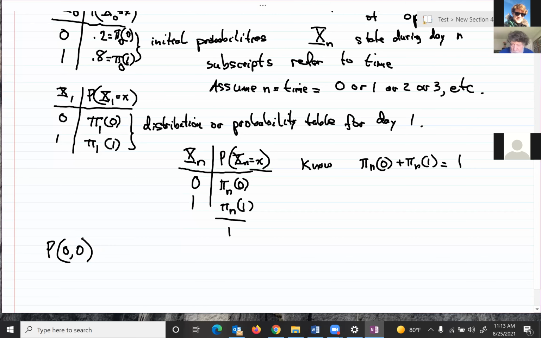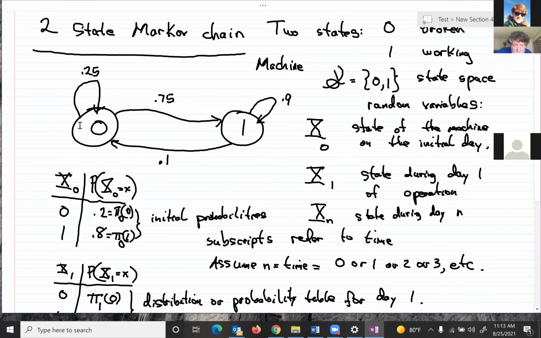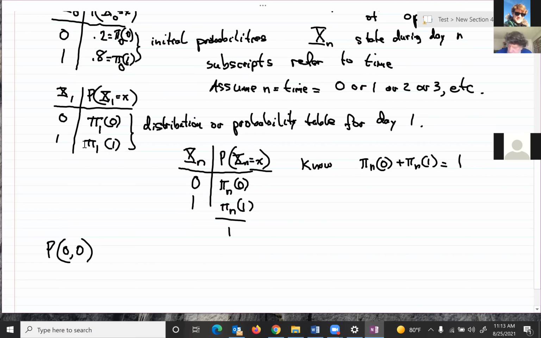And the probability of doing that is going to be 0.25, because you're going from 0 back to itself. So in our case, we've assigned that probability to 0.25. It could be something else. So in general, we'll give a name to this in a moment. But what we're going to say is this is a conditional probability. If at time n you're at 0, what's the probability that at the next day you're still at 0?